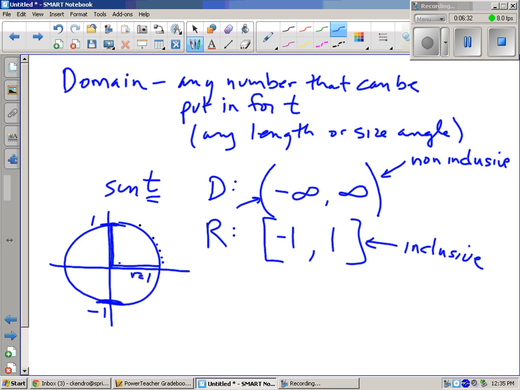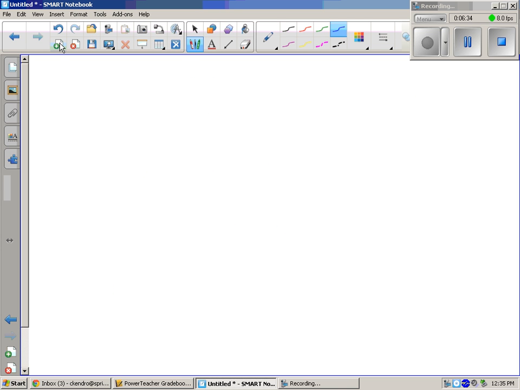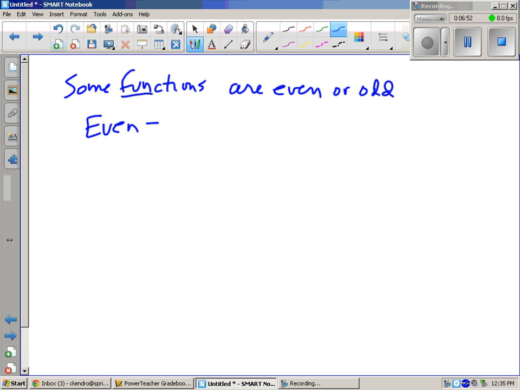All right, another little tidbit you need to know is some functions are even or odd. And there's some that are neither, but not in our trig stuff here. If it's even, that says if you put in -t, the answer doesn't change.